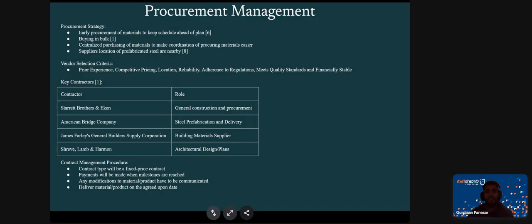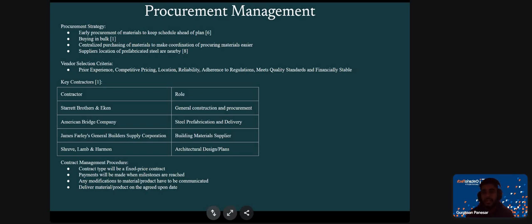Procurement management. The procurement strategy is early procurement of materials to keep the schedule ahead of plan, buying in bulk, and centralized purchasing of materials to make coordination easier. The suppliers of prefabricated steel are nearby, so it's easier for transportation.